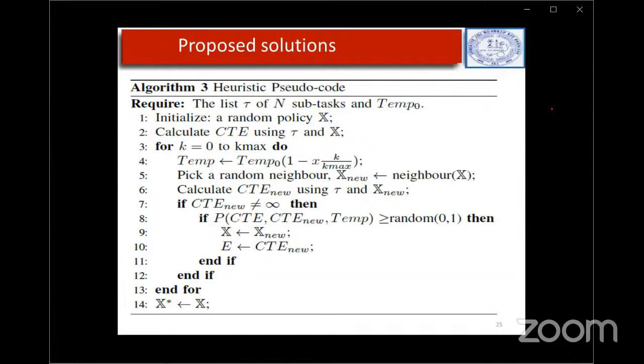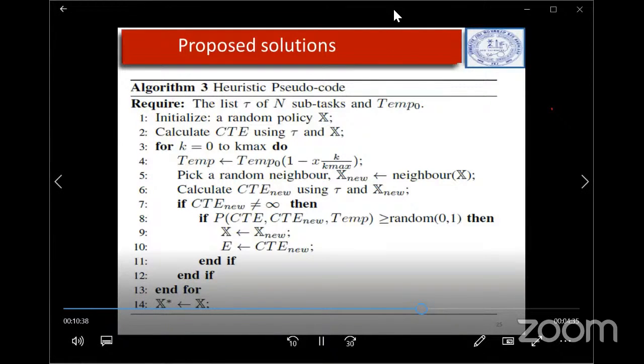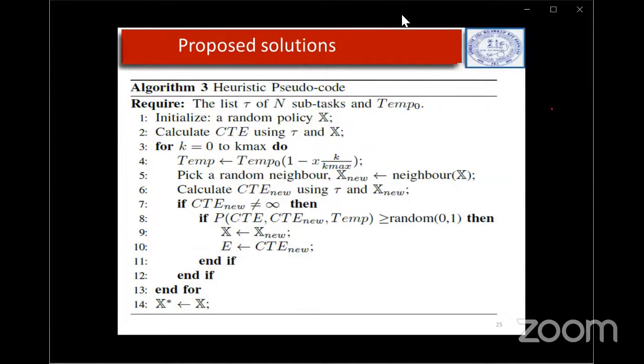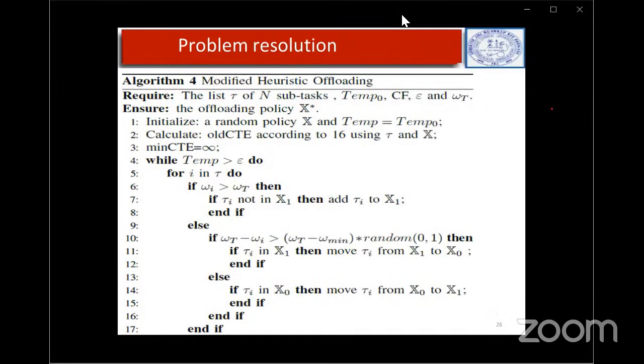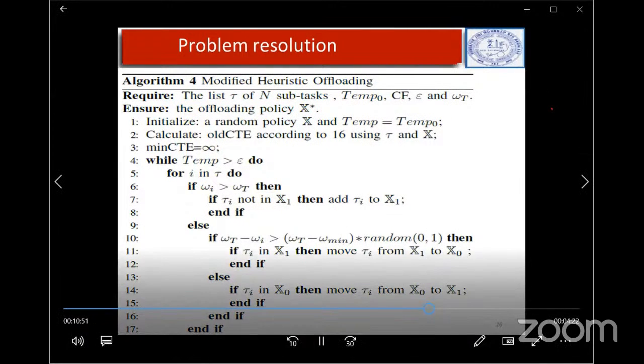In each iteration, we pick a random policy X in order to improve the final trade-off of energy and time. This algorithm illustrates our second proposed solution.